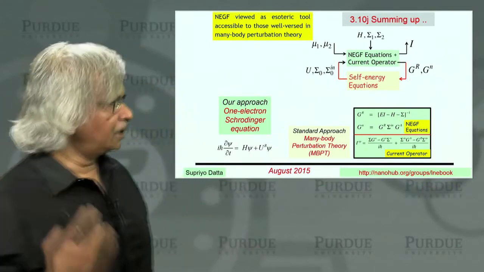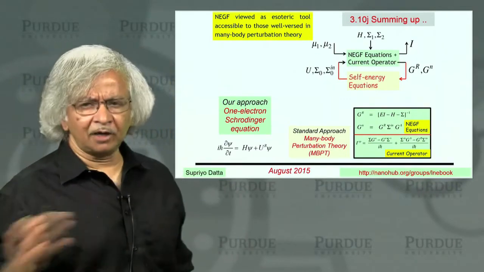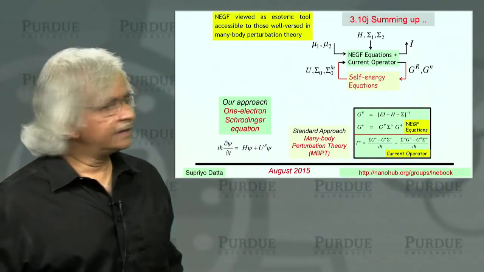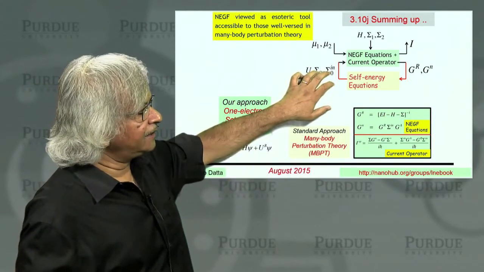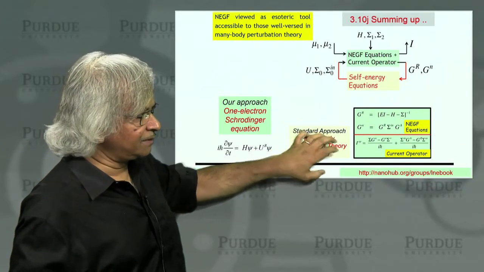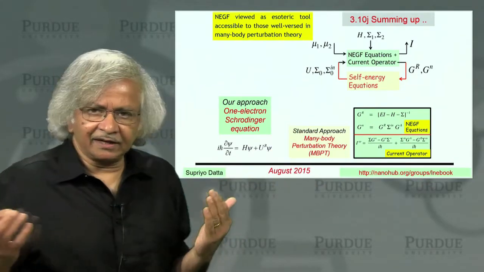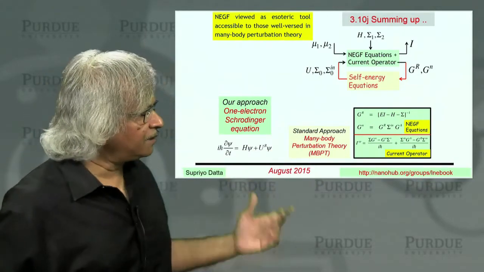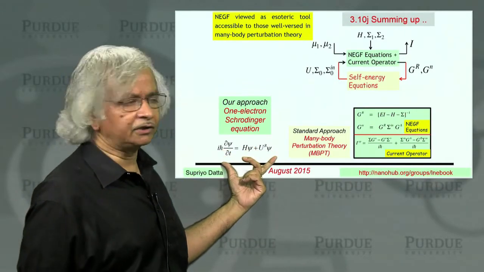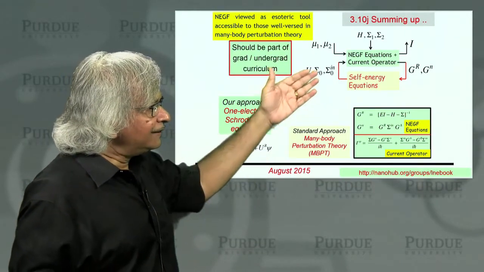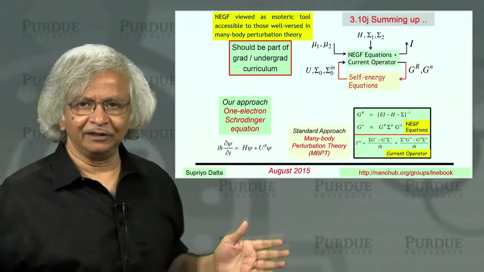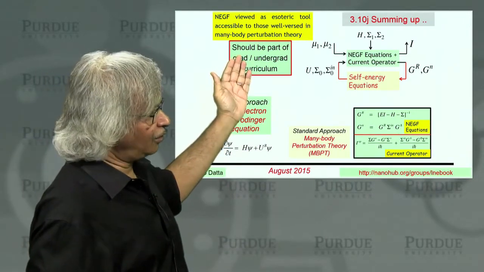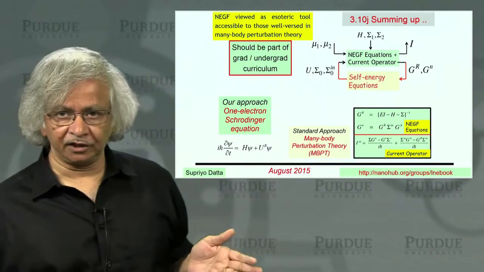But the point I wanted to make is that there are many problems of interest these days where you do not really need to calculate the sigmas using this, because the kind of sigmas that capture the physics can be obtained more or less from the one electron approach. And so this part, I feel, should be much more widely known. It should be part of all graduate and even undergraduate curriculum.